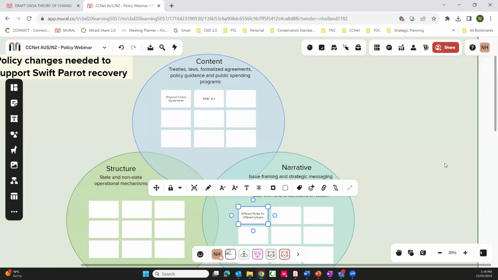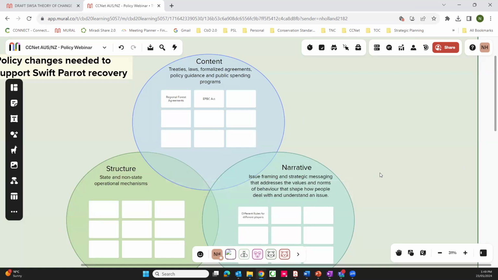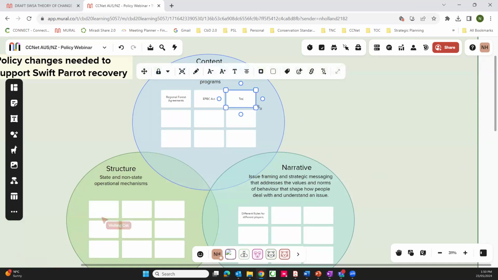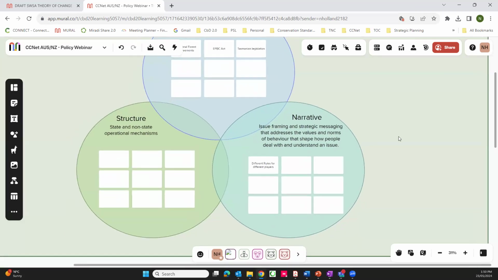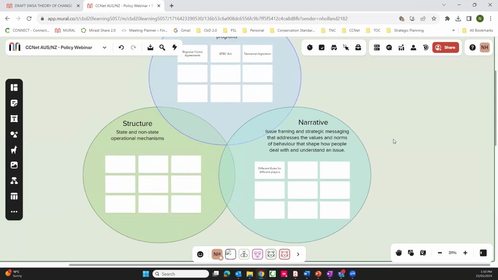Good point. The regional forestry agreements basically make that process exempt from our national laws. So there's a lack of alignment or inconsistency about what we're promoting from a national perspective for protection of biodiversity versus what's able to be enacted on a regional basis within Australia.